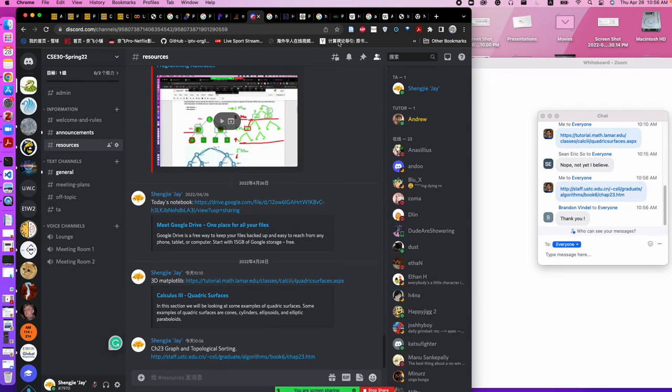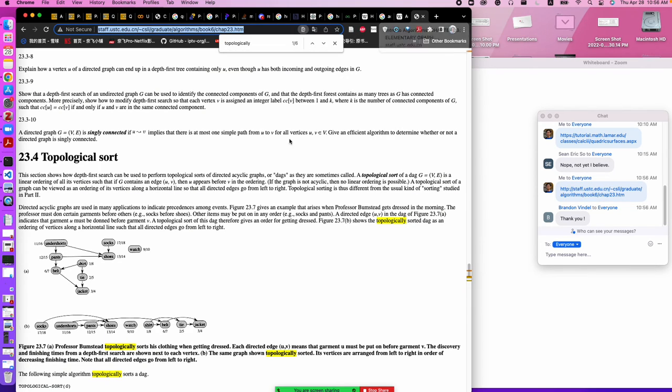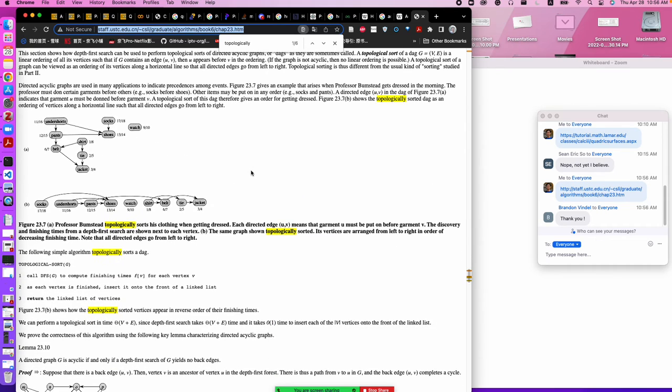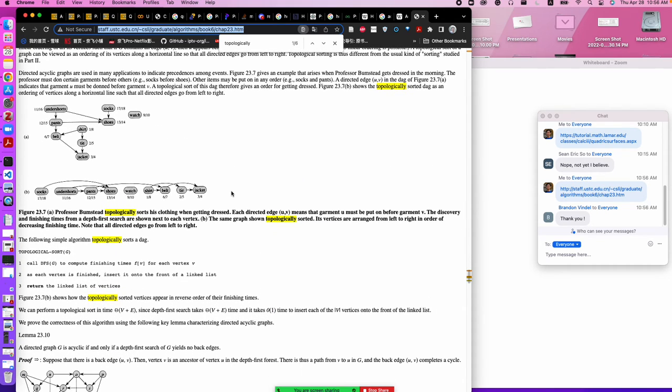But I don't know what our home assignment would be, but I felt it's a little bit too hard for you guys now to learn these materials. You see, this is the picture I just gave you guys. If Professor Bumstead topologically sorts his clothing when getting dressed, this is the graph, and this is the topological sorting.